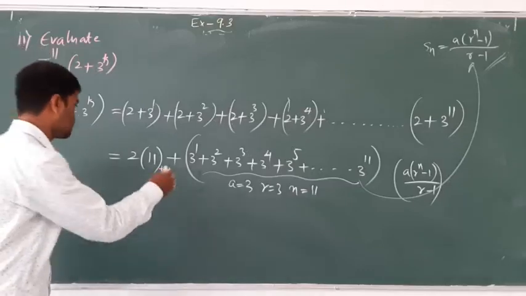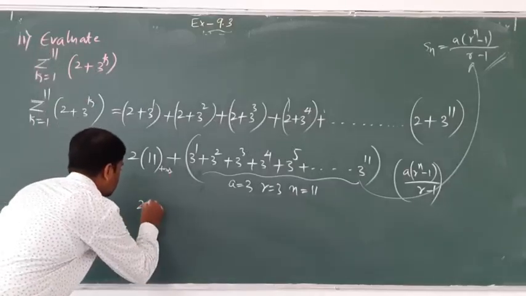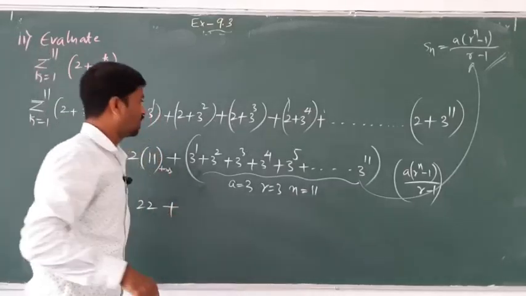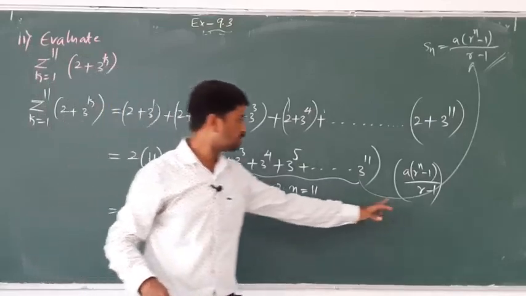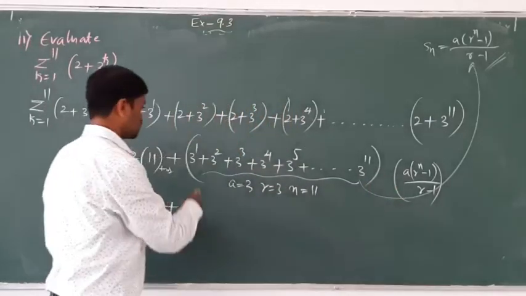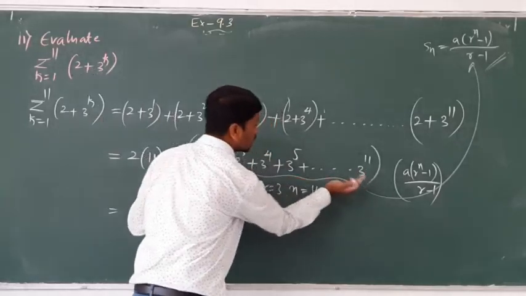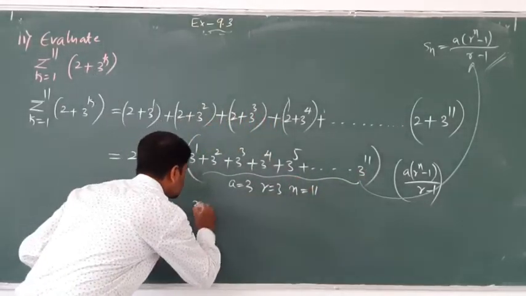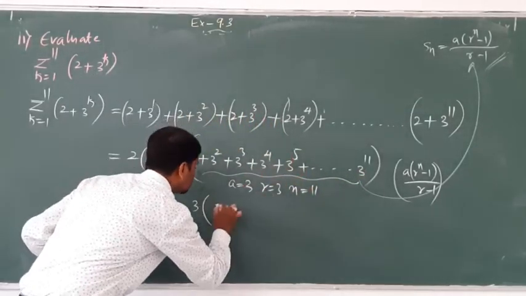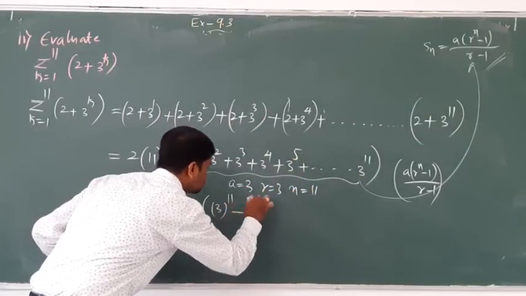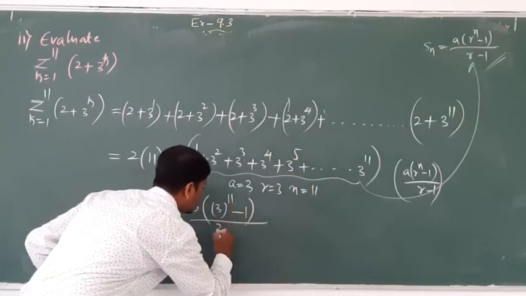Be careful. Substitute here: 2 into 11, 22, plus, I will write directly since the formula is already given, a into the sum of 11 terms, a means 3, into 3 power of 11 minus 1 divided by 3 minus 1.